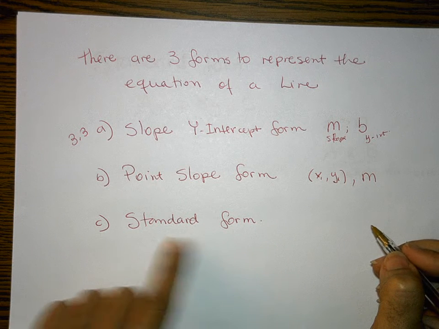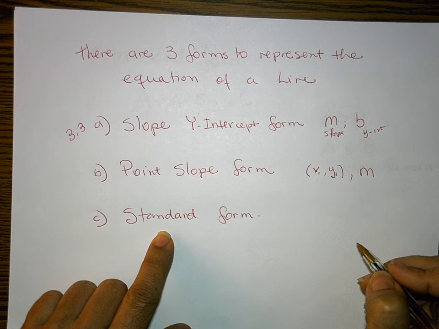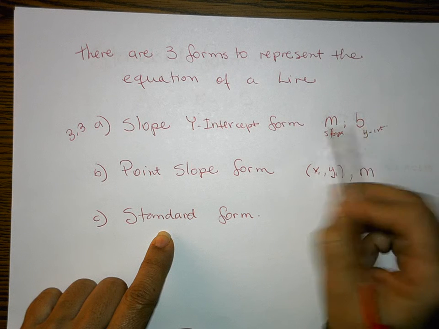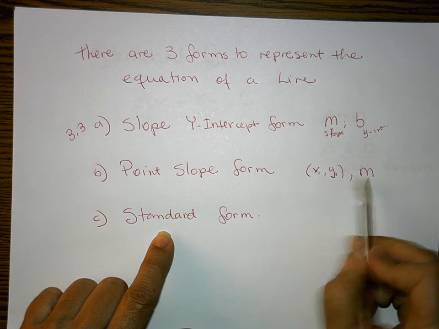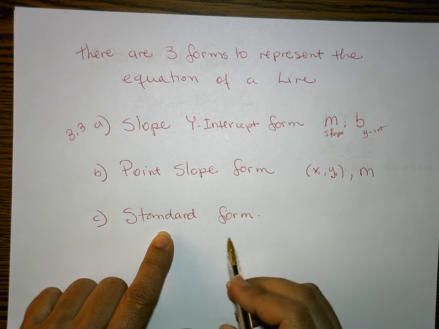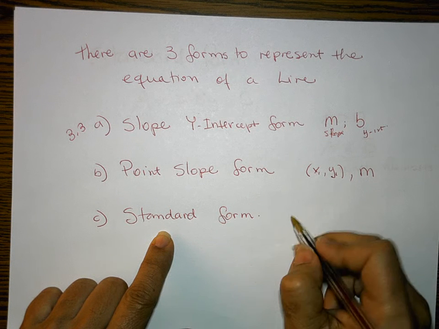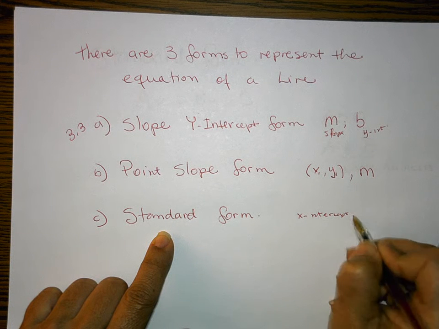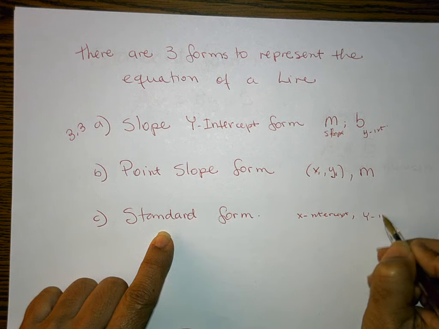And there's the standard form right here. We always get something interesting as well. Here we need two pieces of information, here we need two pieces of information, and in the standard form we also need two pieces of information: the x-intercept and the y-intercept.